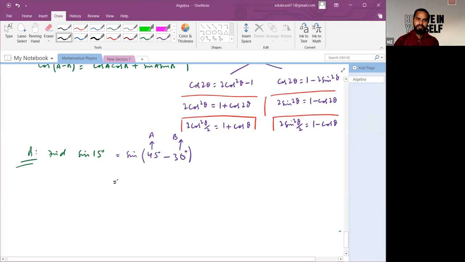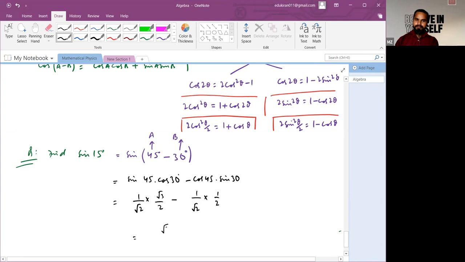Just see, if we break this particular term as sine A cos B minus cos A sine B, sine 45 is 1 by root 2 multiplied by cos 30, root 3 by 2, minus cos 45, 1 by root 2, sine 30, 1 by 2. So it will be root 3 by 2 root 2 minus 1 by 2 root 2.